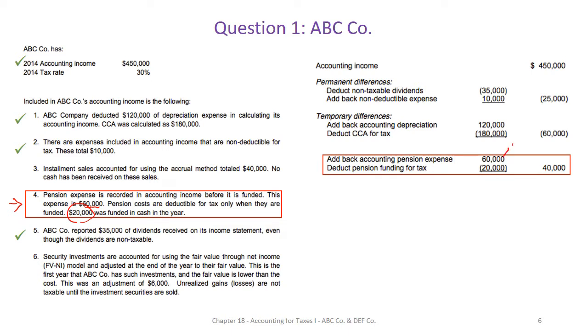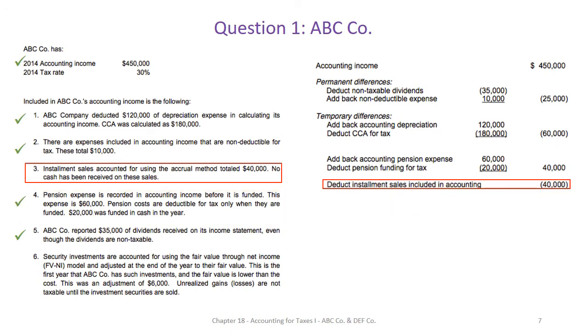So the pension expense is non-deductible, but the pension funding, also known as contributions, is the amount that actually gets paid into a pension plan. This amount is deductible, and that's why we are deducting that amount and adding back the pension expense.